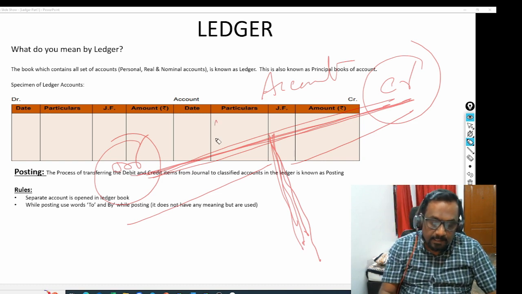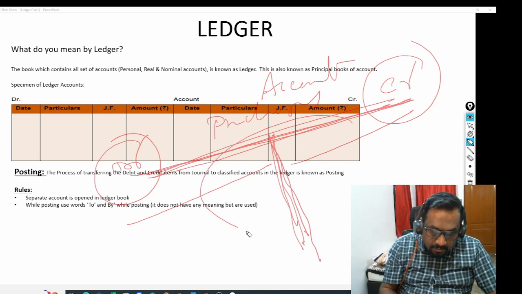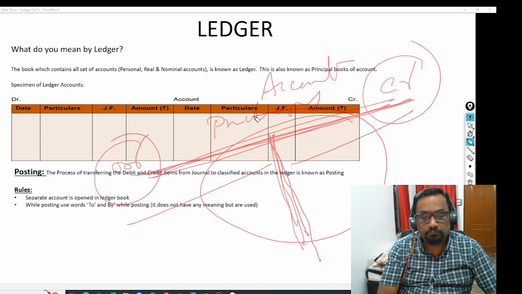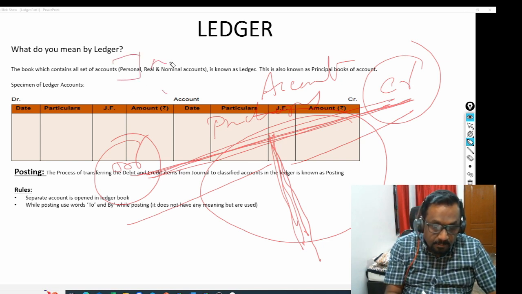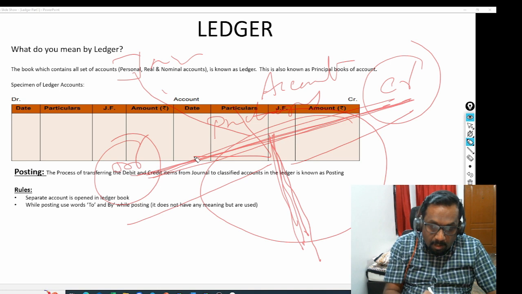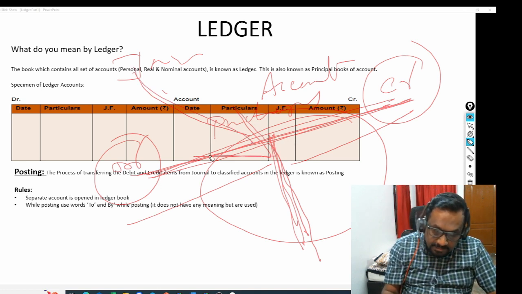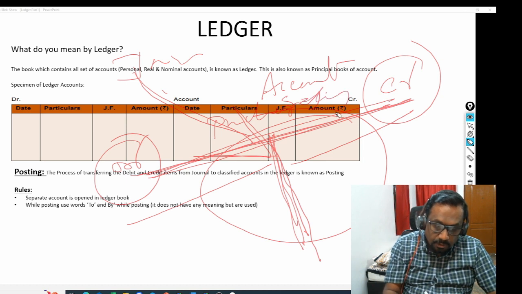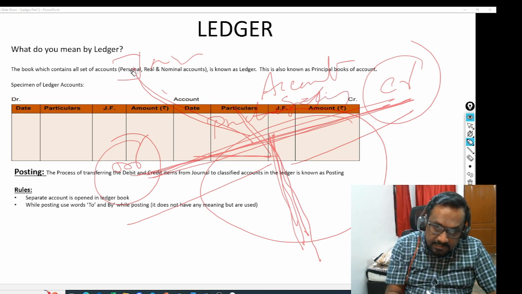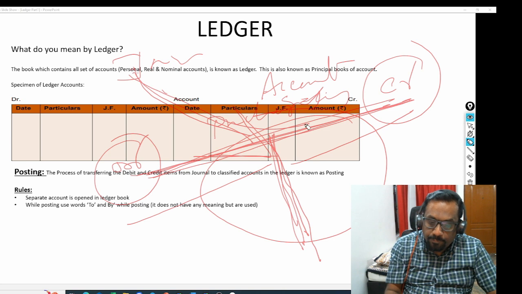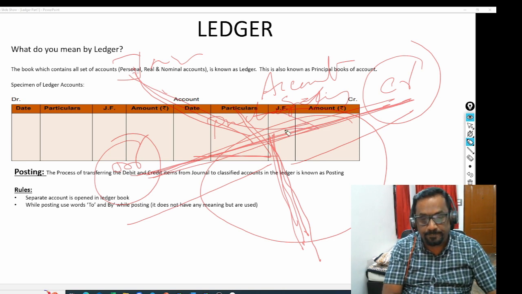For example, if I take purchases, all purchases will be recorded in this T form. From the journal book, all purchase related transactions will be recorded here. Similarly, if this is sales account, whatever sales related transactions posted in the journal book have to be posted here in the sales account.